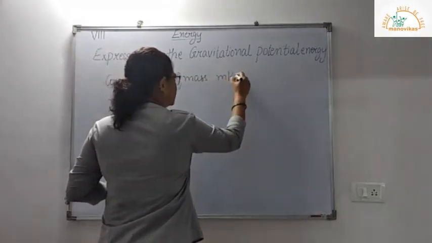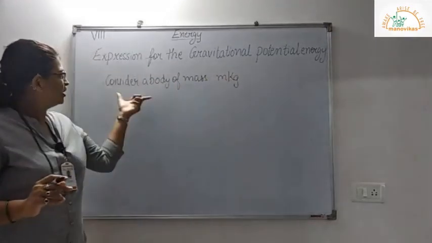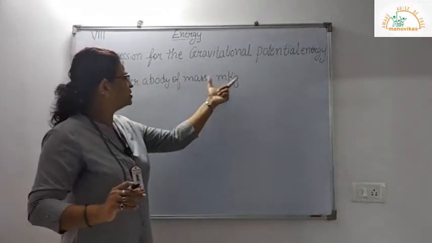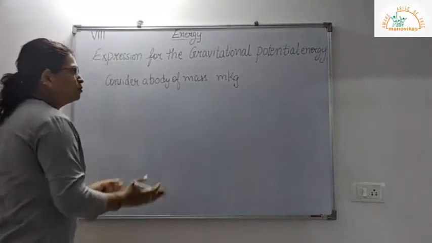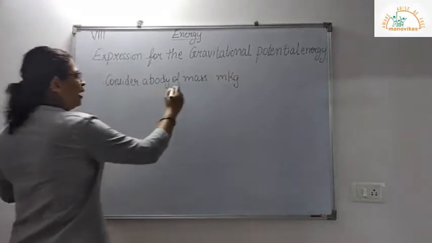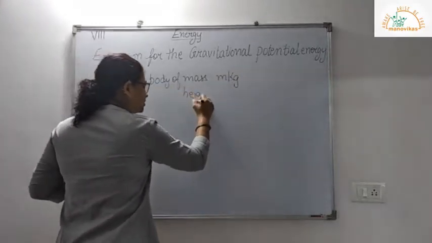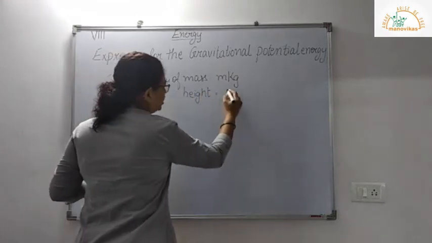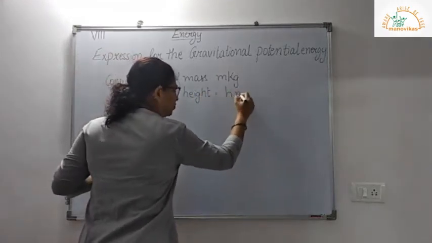If I consider a body of mass m kg, and it is moved from the ground level to a height, that is the distance moved above the ground level, of h meters.